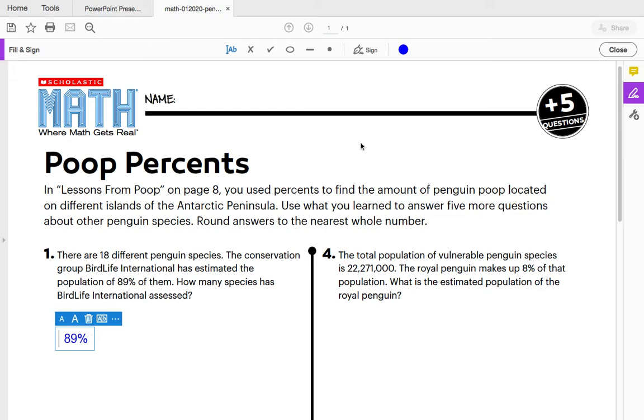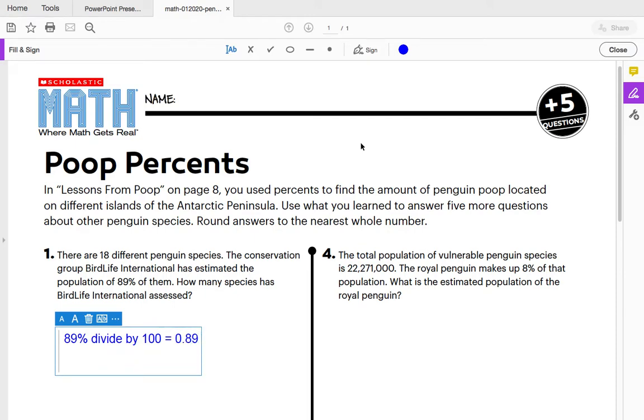So the first step is we take 89% and convert it into a decimal. We do this by dividing it by 100. So we go 89% is, I don't know how to do the divided by sign, so I'm just going to write it: divide by 100 equals 0.89.